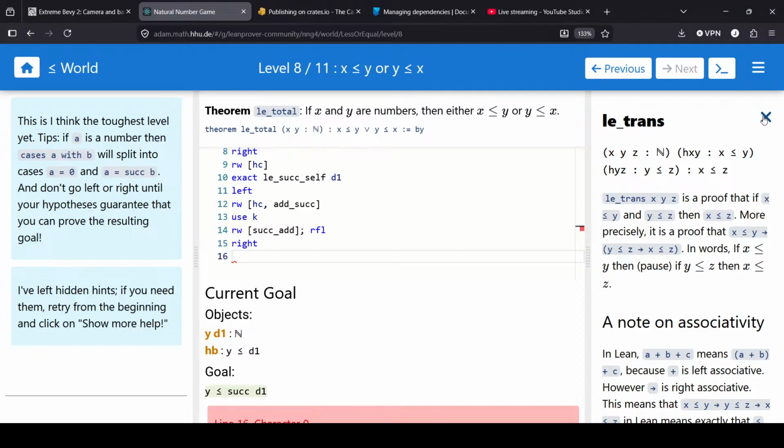Can I use transitivity here? Because if y is less than or equal to d1, and d1 is less than or equal to the successor of d1, then y should be less than or equal to the successor of d1. No, this is it, isn't it?